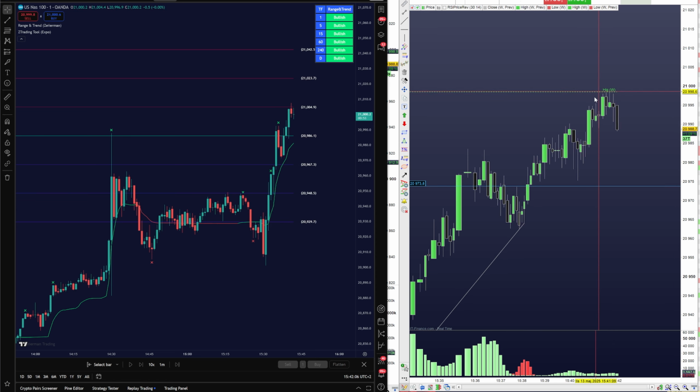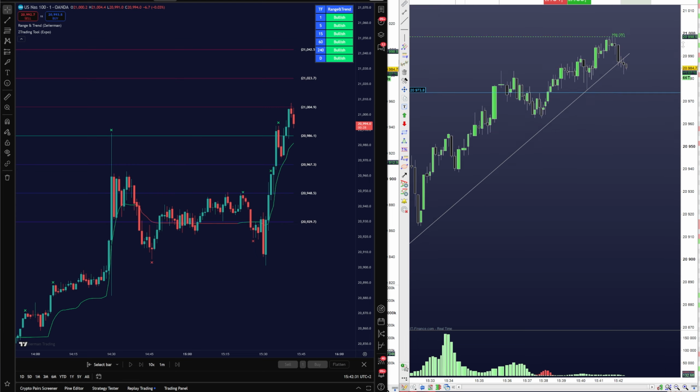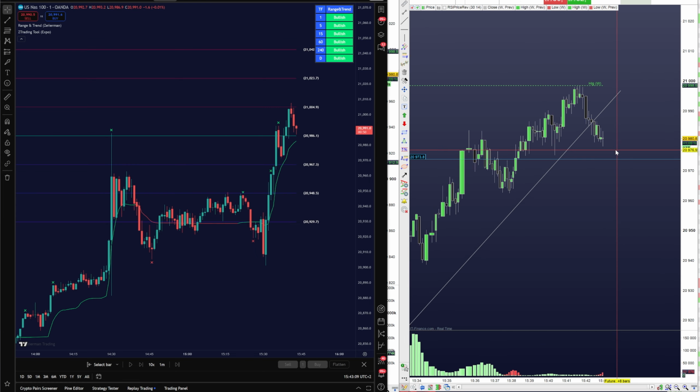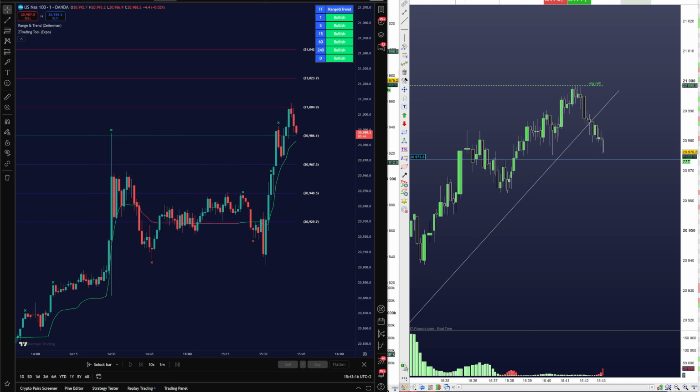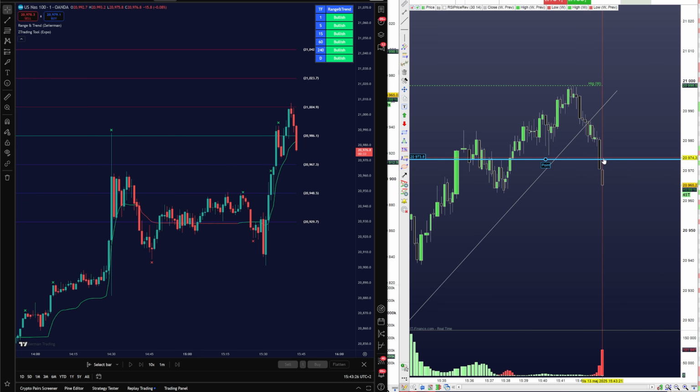So I took profit perfectly at this level, and we can see how the price makes a little bit of a pullback right now. I will sell the rest of the position at break even if the price continues to drop. There we go. I successfully sold the last position at this area.